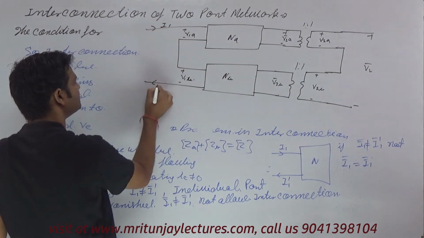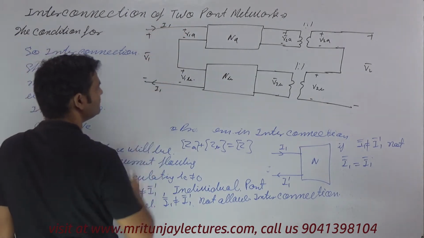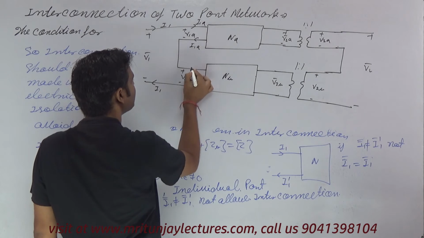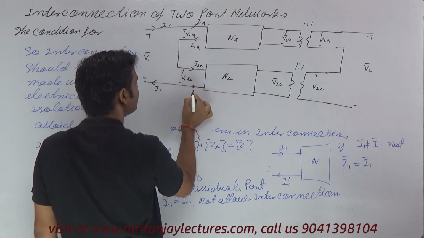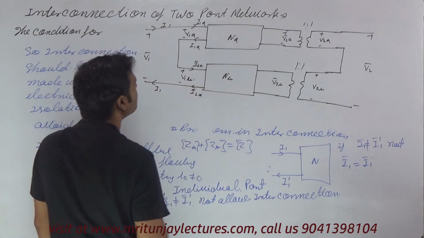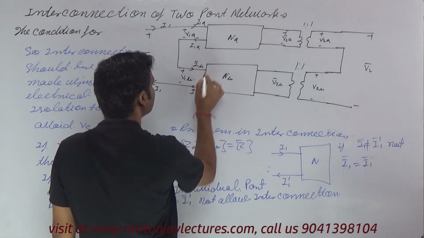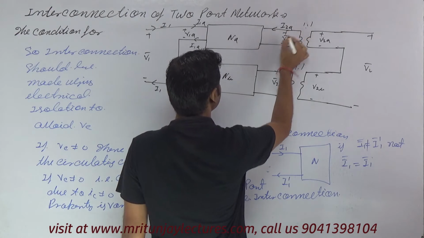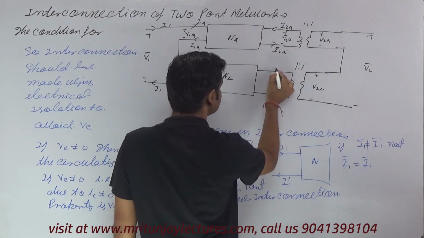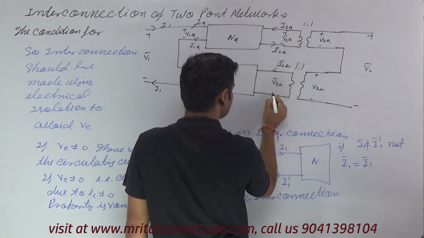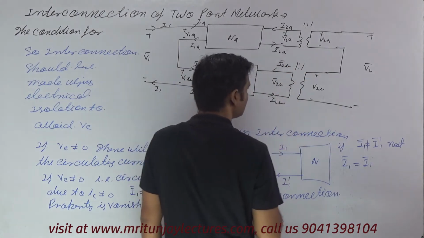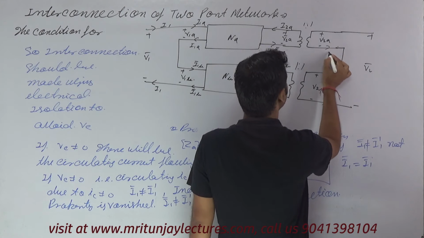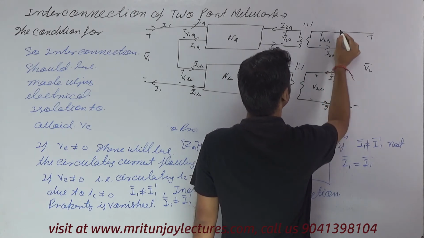and here I1, that is V1, I1A, I2A, here I2A, sorry, I1B, and that is I2A, I2B, here I2B, sorry, I2A here.